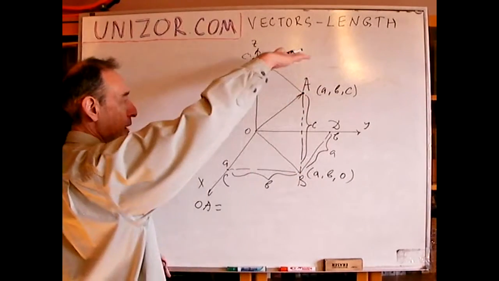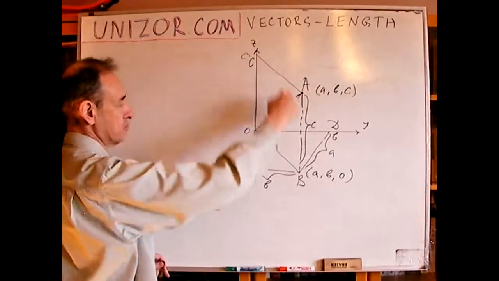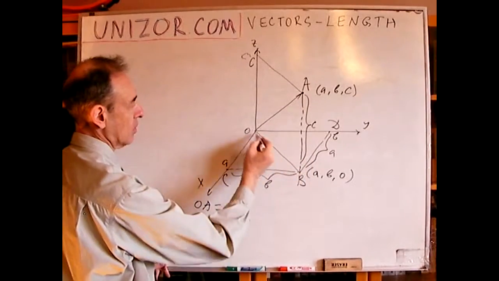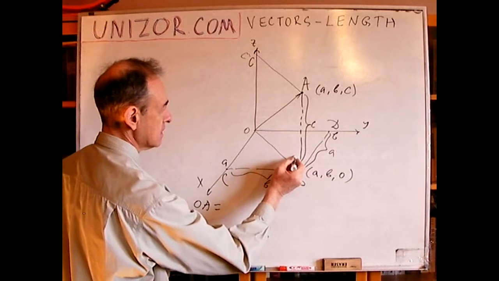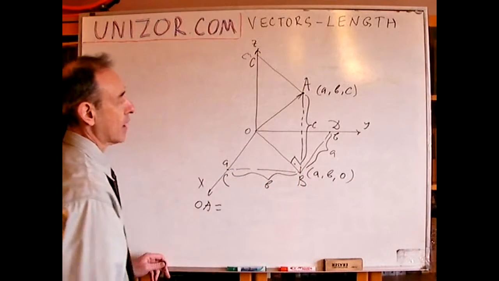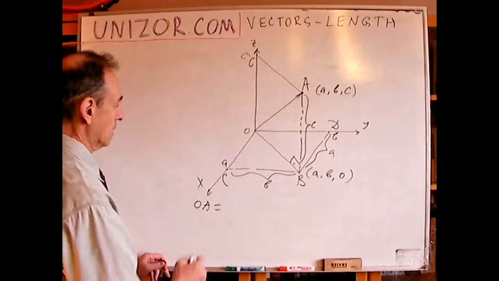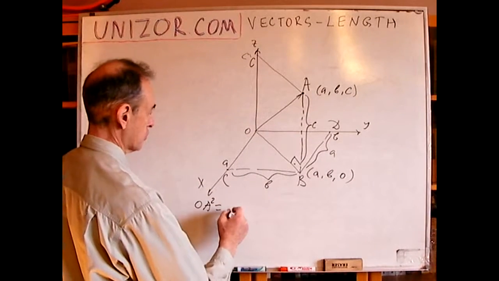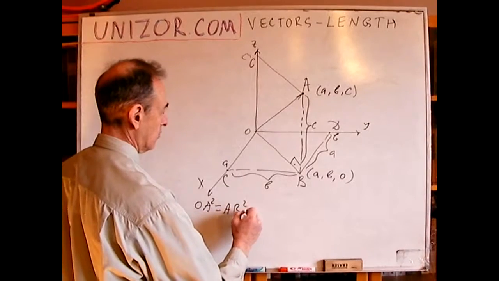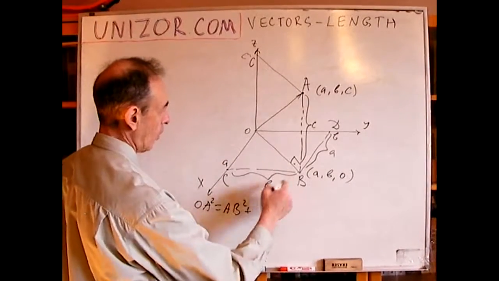So A is above the plane, B is its projection, so OB would be perpendicular to, so this is the right angle. So OA square is equal to AB square plus OB square.